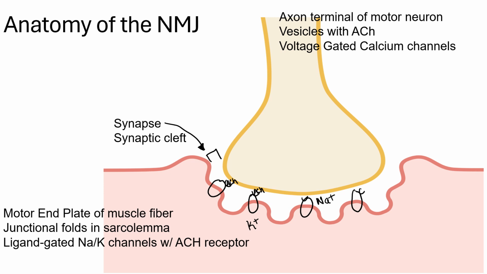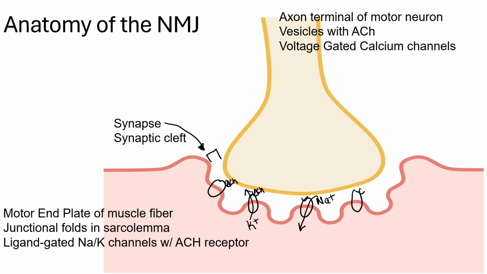When the channel opens up, two events happen. Sodium diffuses into the muscle fiber because sodium is always in more concentration outside of a cell than it is inside of a cell. And then once that's done, potassium starts flowing out of a muscle fiber because potassium is always in greater concentration inside a cell than it is outside of a cell.